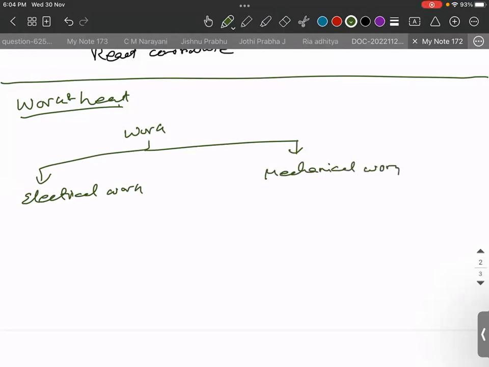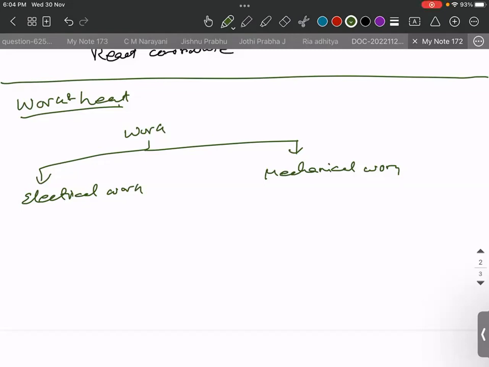When you look at electrical work, when the reaction takes place, there is an electromotive force; each and every ion gives its energy. That energy you can convert into electrical energy also. When the solution conducts electricity, you can have a potential difference.